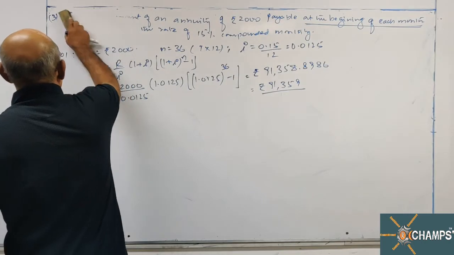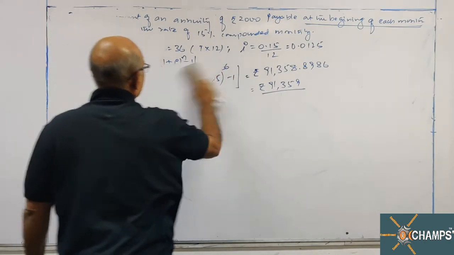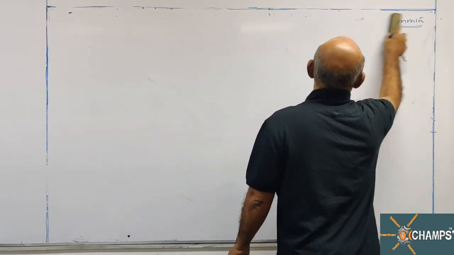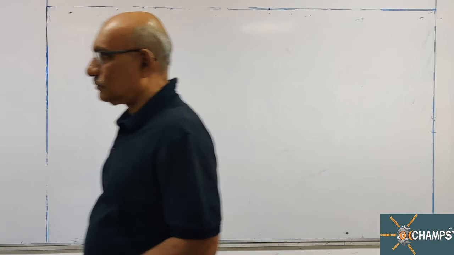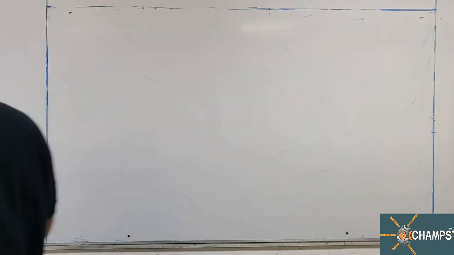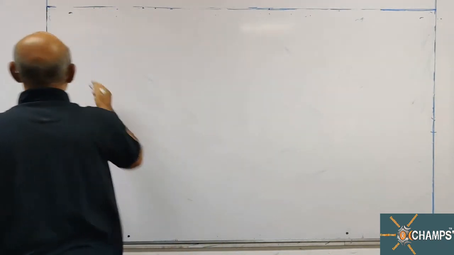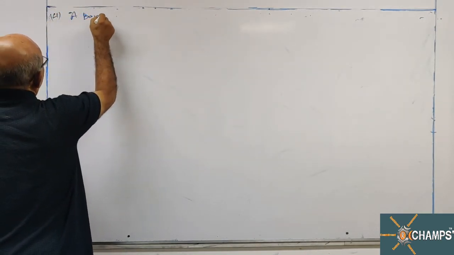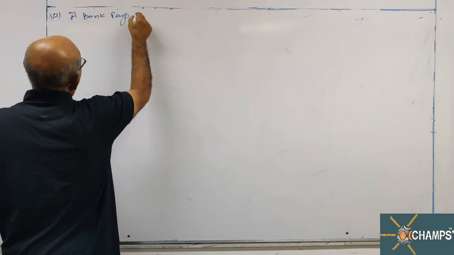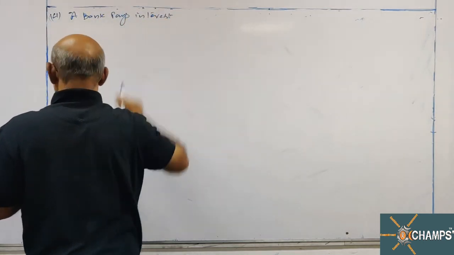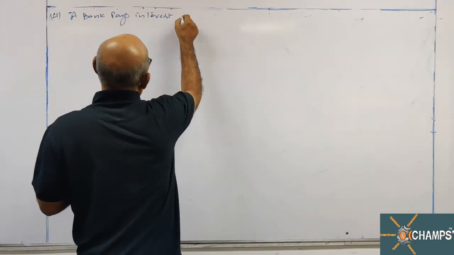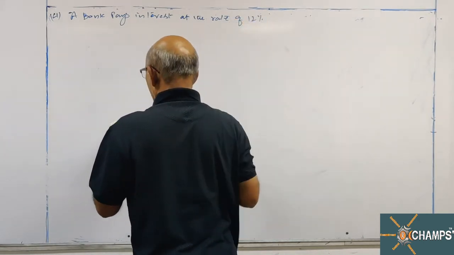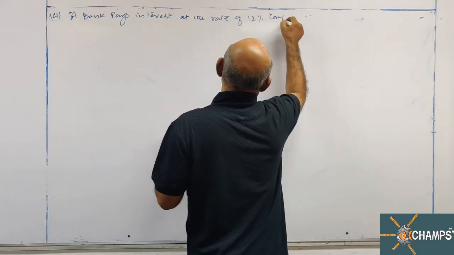Okay, see the next question. A bank pays interest at the rate of 12% compounded quarterly.